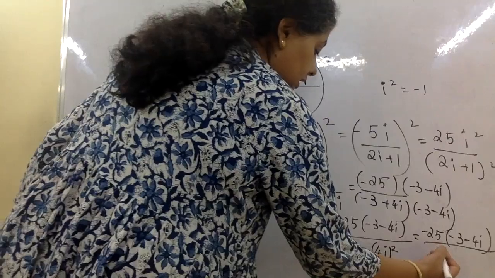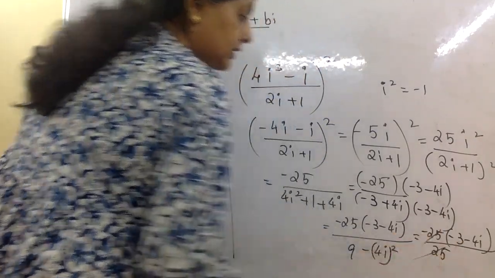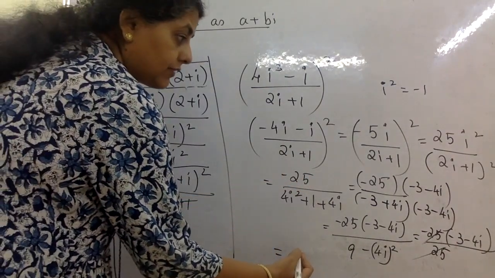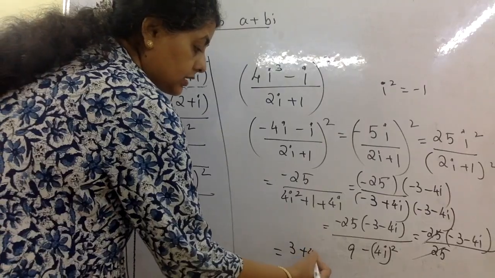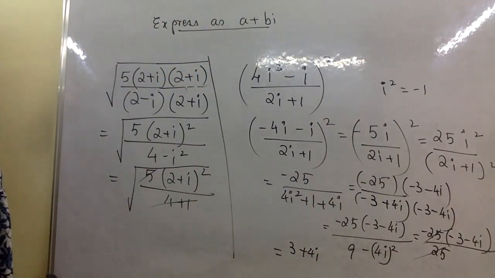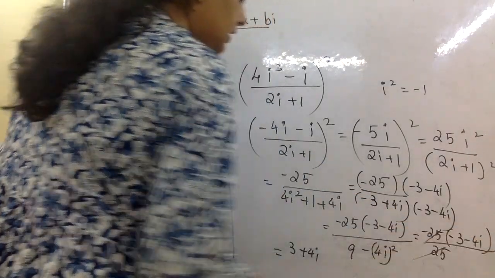So this is again 25. 9 plus 16 is 25. Cancel this. So my final answer, if you multiply with the minus, is 3 plus 4i. This minus gets multiplied here.